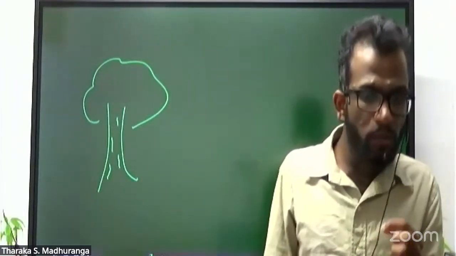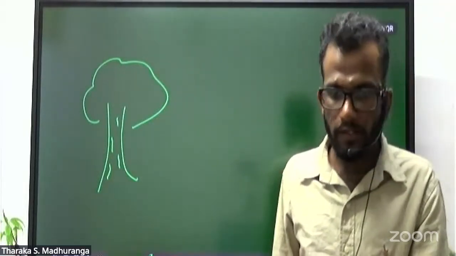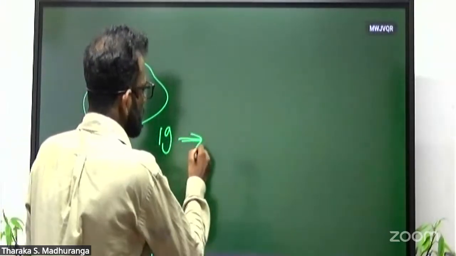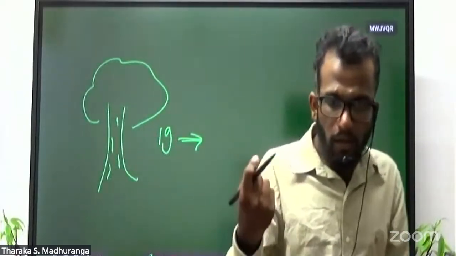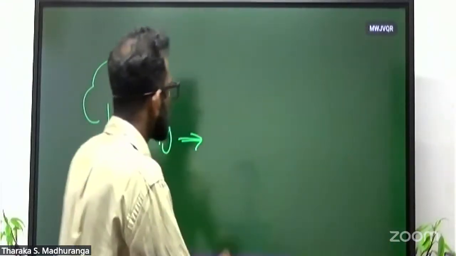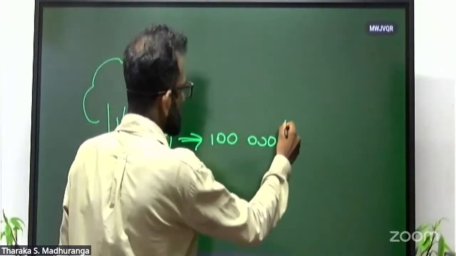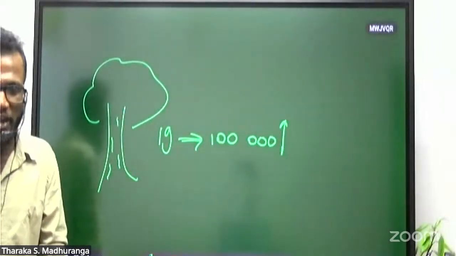Do you know the price of this resin? Normally 1 gram of good quality Vallapatta resin costs more than 1 lakh, 100,000. Yeah, super business, if you can grow these plants.